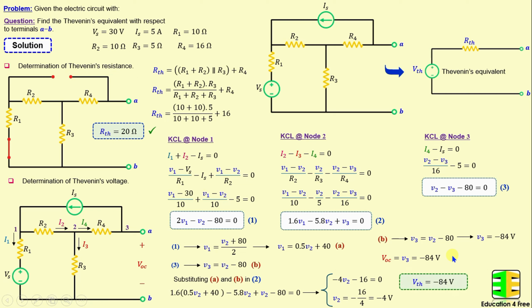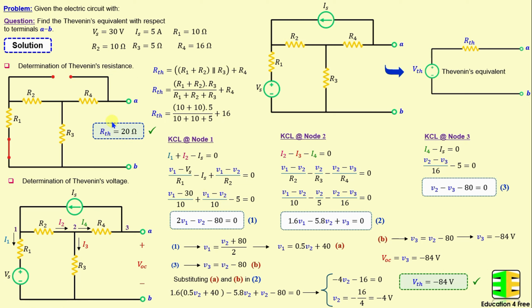That means VTH is equal to negative 84 volt. From here, the equivalent Thevenin circuit with respect to terminals A and B can be replaced with a negative 84 voltage source in series with the 20 ohms resistor.